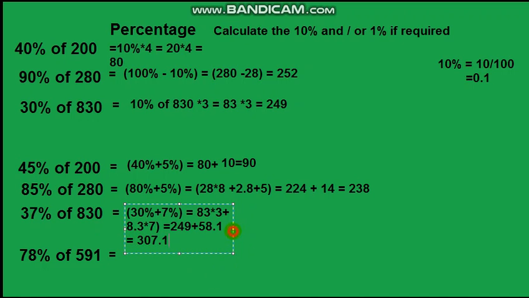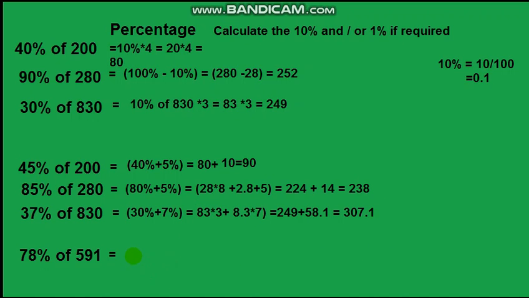Now this is a very difficult problem. Again, 78% we can write as 70 plus 8, and for 591, the 10% is 59.1 and 1% is 5.91. In this way we have to calculate the answer for this problem.